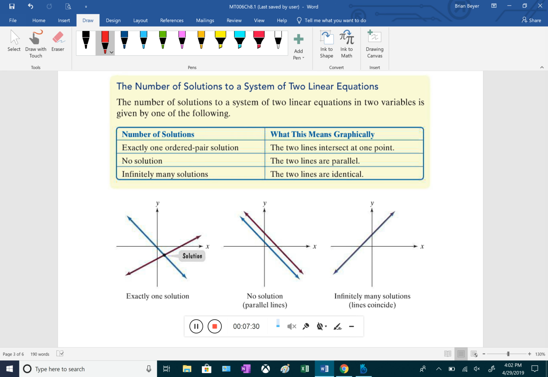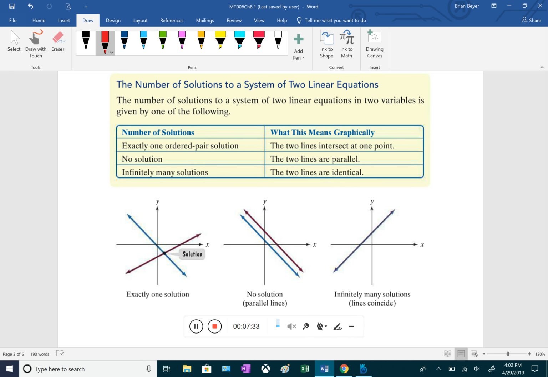So let's see what that means in a way that might make more sense here. So if we have 1 solution, that means the lines intersect at 1 point, which is what we just did. If there are no solutions, what that means is that the lines are parallel. So parallel lines will never intersect.